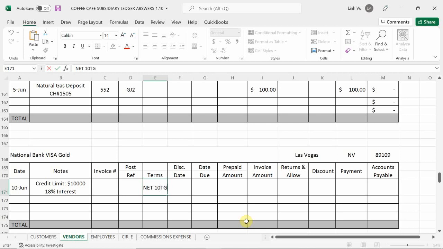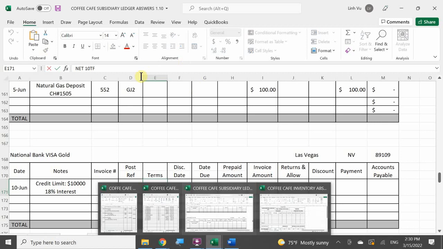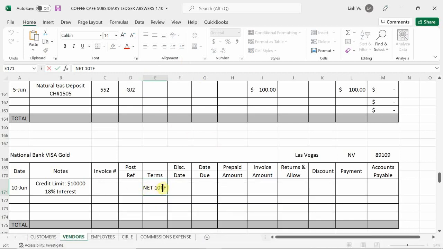That means the next billing due date or next bill is going to be on the 10th. Well, we haven't received our bill yet, so just putting that information is good enough so when we do receive our credit card statement, we know exactly why we got charged this much interest.